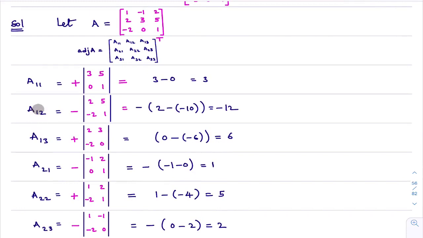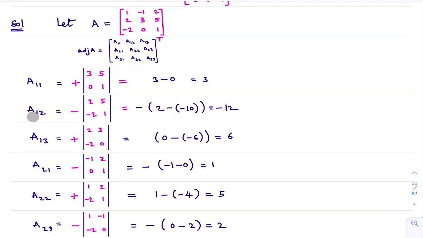After writing these alternate plus and minus symbols, you write the minor of each element. The minor of this element is the determinant obtained by deleting the first row and first column. In this question, delete the first row and first column. The determinant of 3 5 0 1. I hope you are understanding. Now here this minus, I already explained why we wrote this minus.